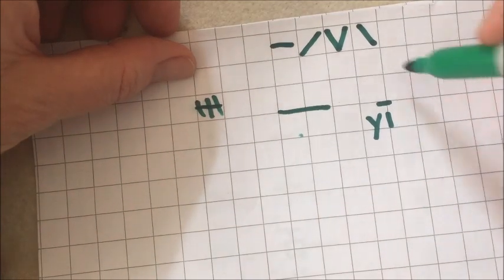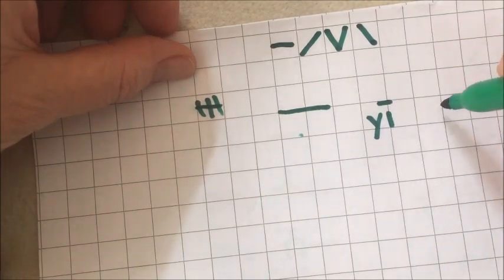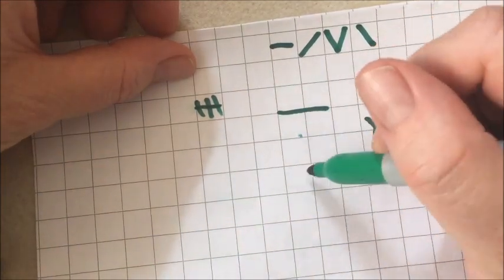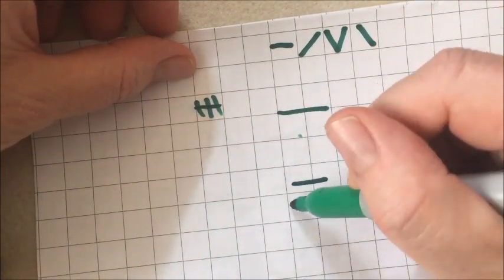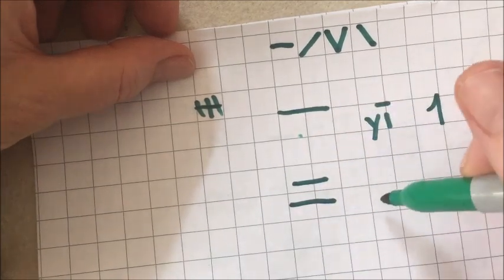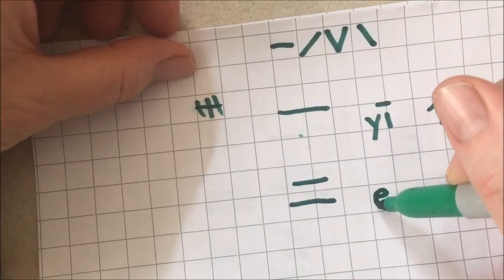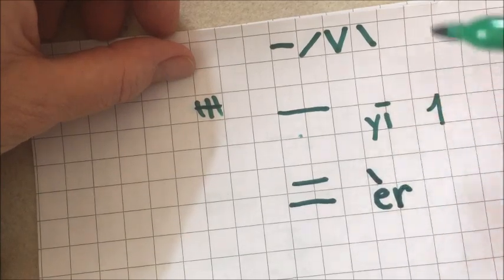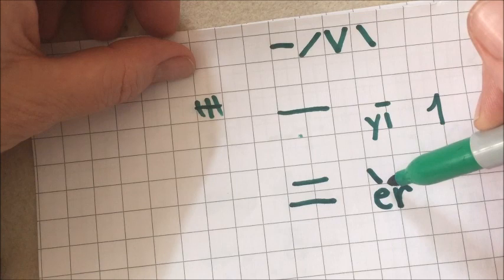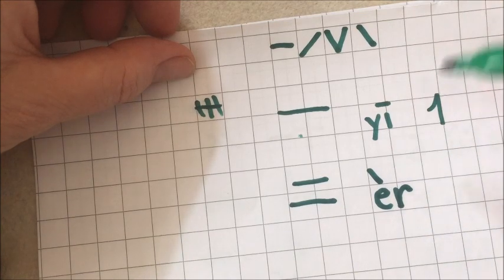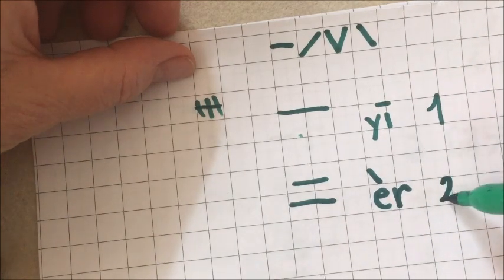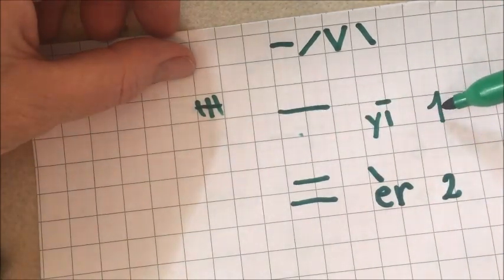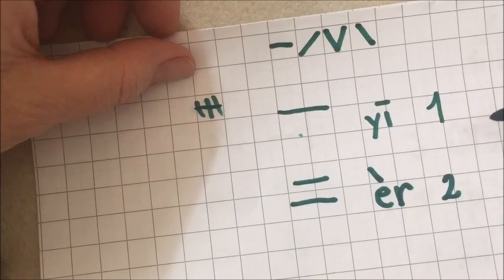Let's go and see number 2. Number 2 is also very easy. It's 2 lines. The pronunciation is er. It's spelled E-R, and it has accent number 4, er. Chinese character, pinyin, our numbers.